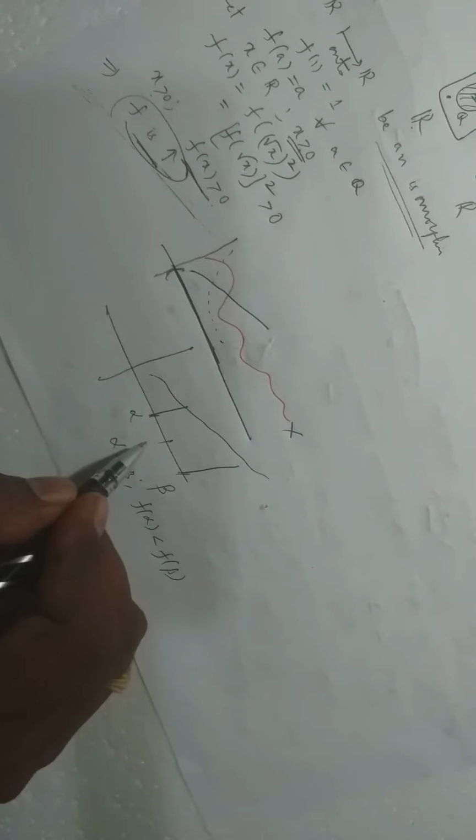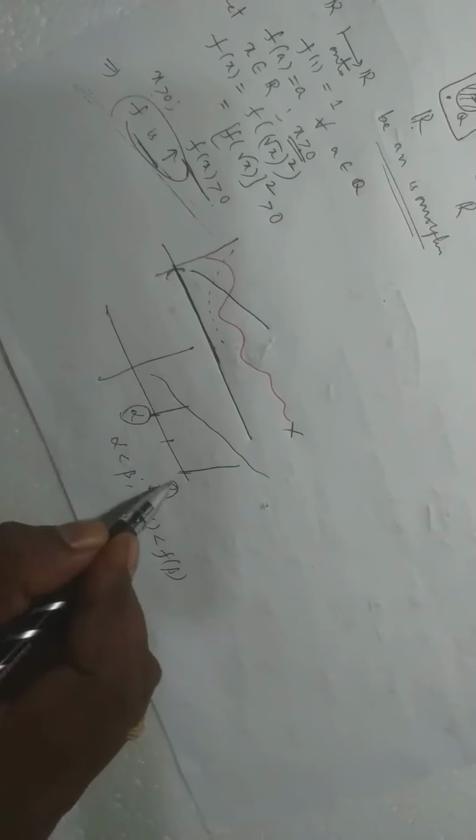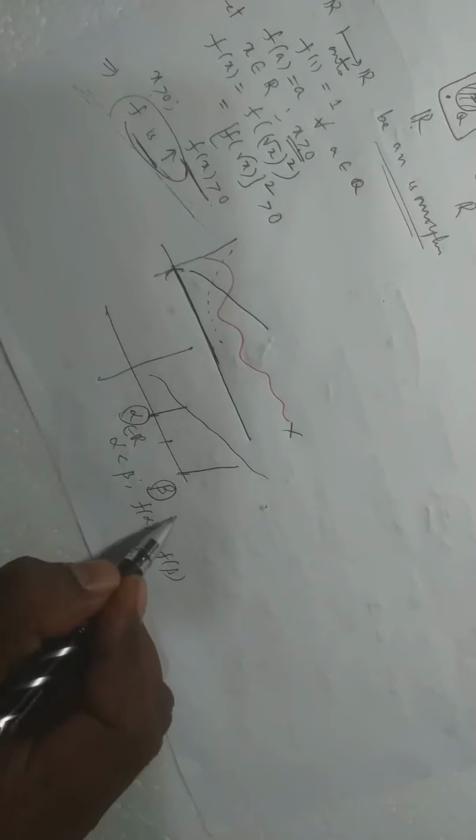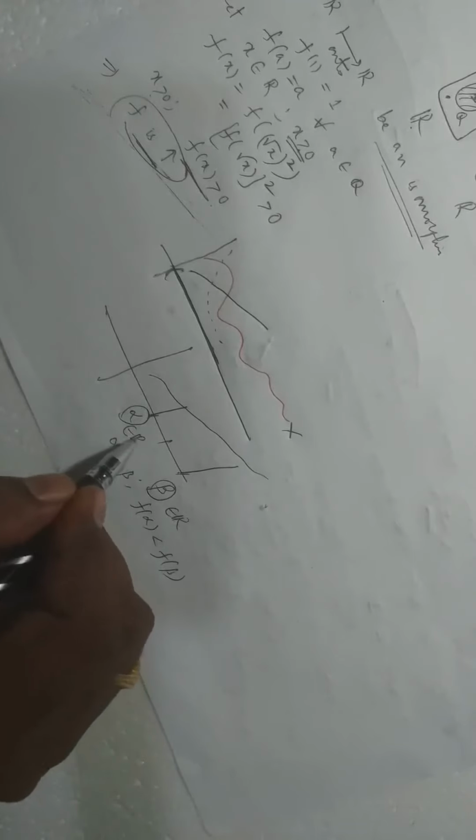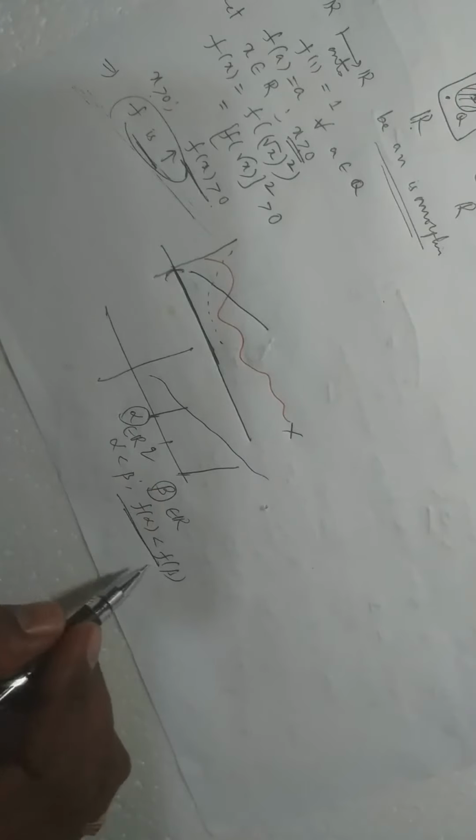Then, since these are real, choose a rational in between the reals, let me say some q. So q is a rational in between these two reals. Since alpha is less than beta, I can find a rational.